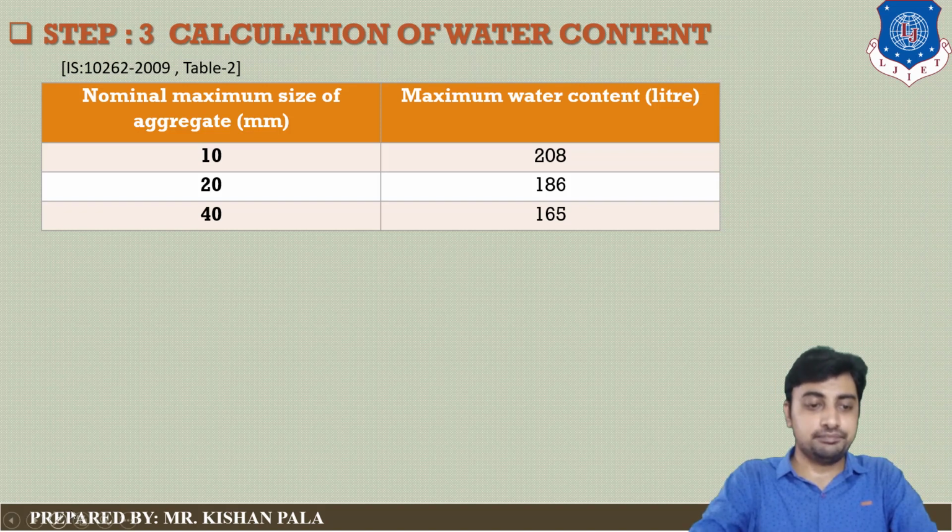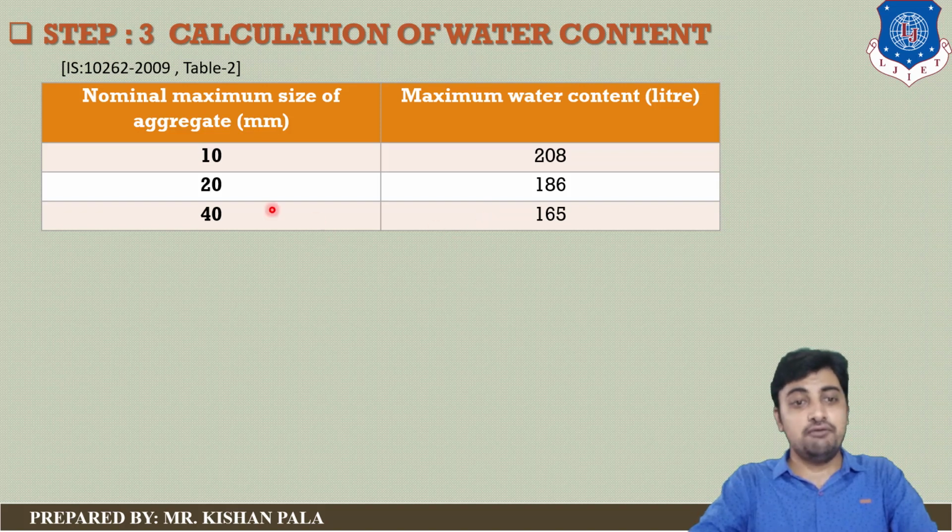For example, for the 10 mm nominal maximum size of the aggregate, it will require a maximum water content of 208 liters, and for the 20 mm maximum size of the aggregate it will require 186 liters, and for the 40 mm nominal maximum size of aggregate it will require 165 liters.